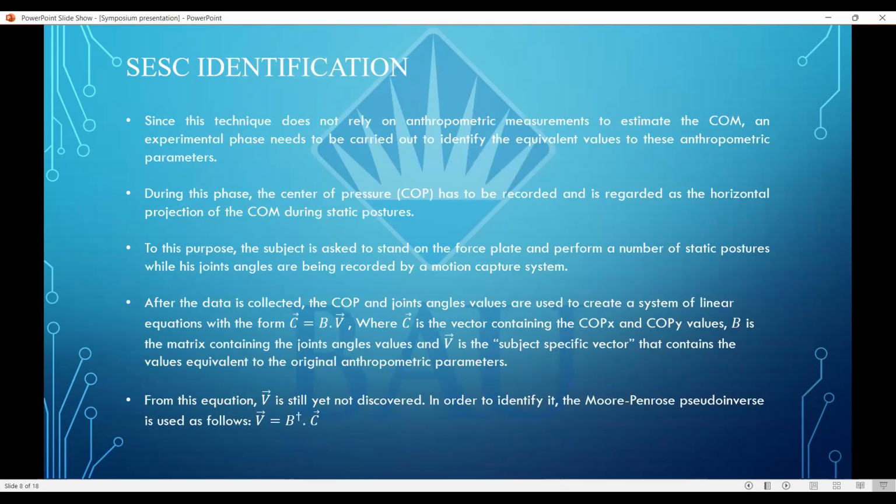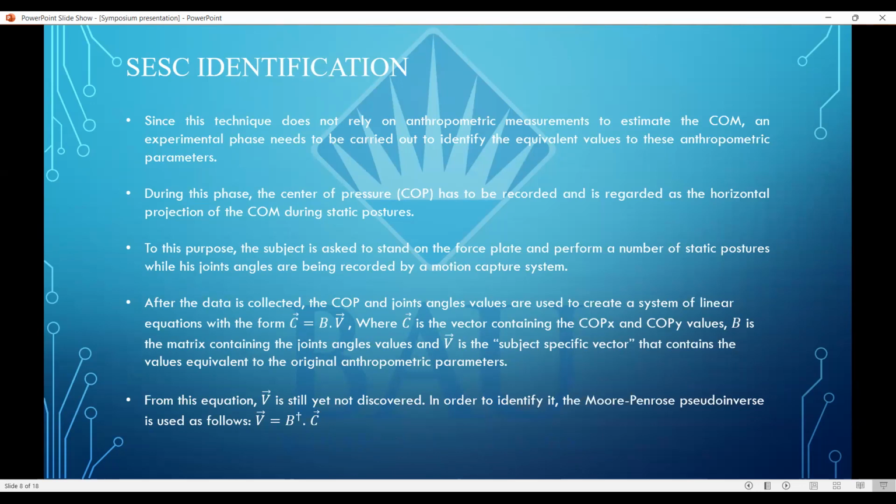Now, since we said that this technique does not rely on anthropometric measurements, there has to be a way to find these parameters. This is called the identification phase. This experimental phase needs to be carried out before the actual application of SESC, and in it we can find an equivalent vector of values of the original anthropometric parameters.